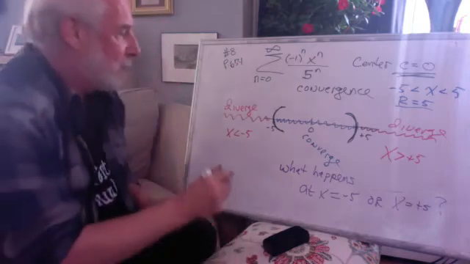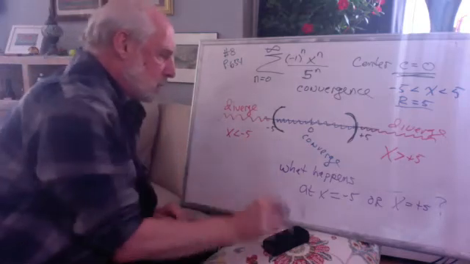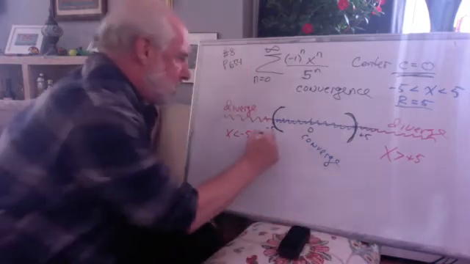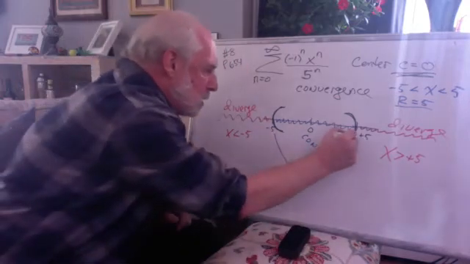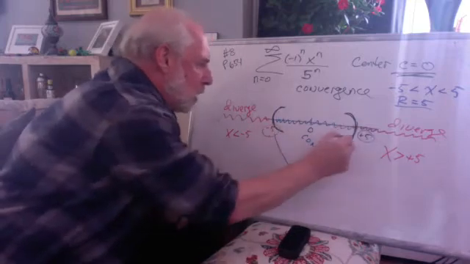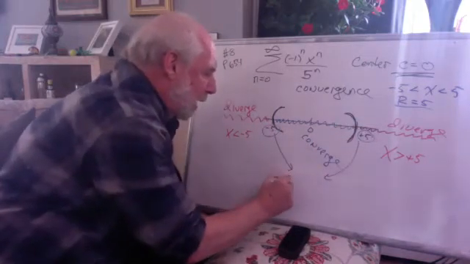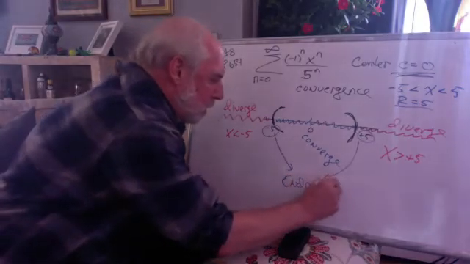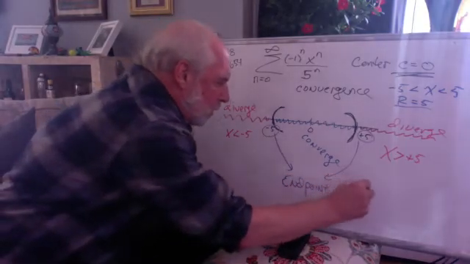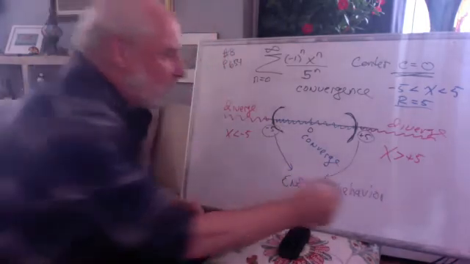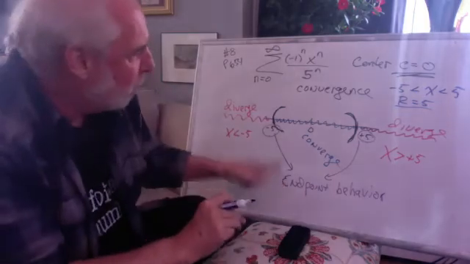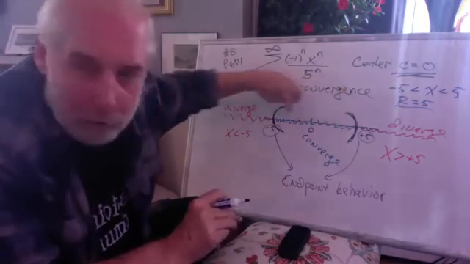So this is called the endpoints. So 5 and -5. What we need to do is look at the endpoint behavior. And the endpoint refers to the end of the interval here.